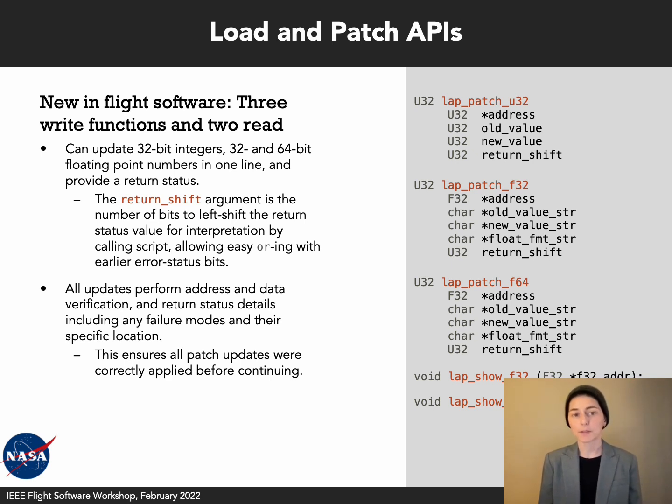That's the number of bits to left shift the return status value so that your calling script can OR together a whole bunch of these write functions. All updates perform both address and data verification, and they return status details, including any failure modes and their specific location. This ensures that all patch updates were correctly applied before continuing.